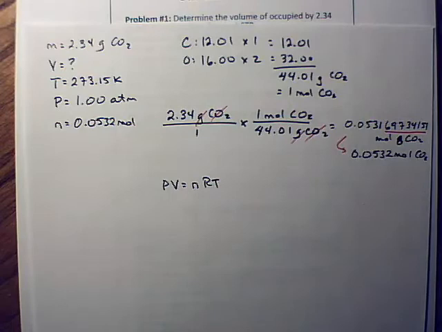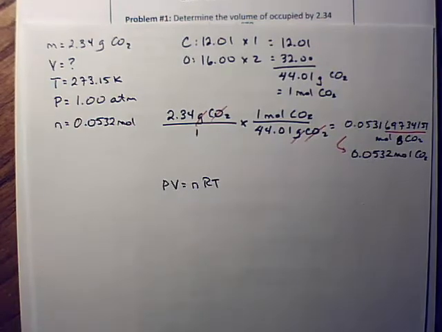So the question that I have for you is, do you want to solve for V before we plug anything in, or do you want to plug things in and then solve for V? Would you want to isolate in the beginning, or isolate as a step 2?